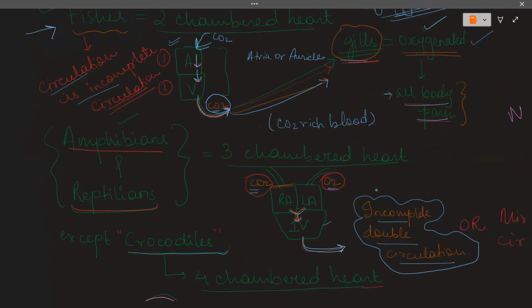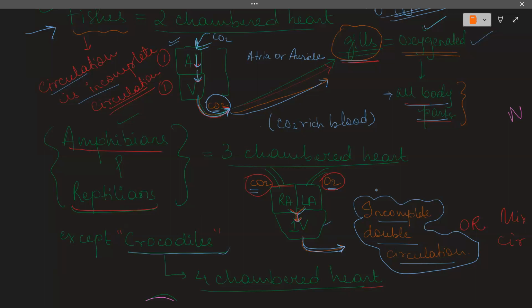Then you write all the amphibians and the reptiles have three-chambered heart, except crocodiles.